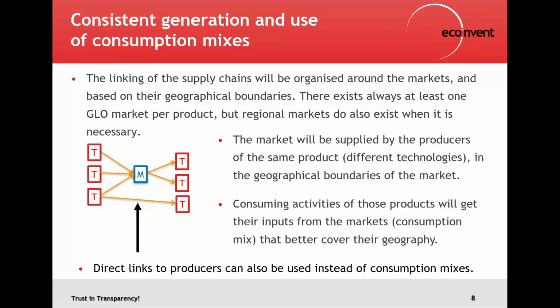Especially as users of the database for your foreground system, you will always have the choice to decide whether you want to use the supply from the market, which is representing the consumption mix available in the geographical boundary you're interested in, or whether you want to link directly to a specific supplier that is producing the product using a specific technology, for example.